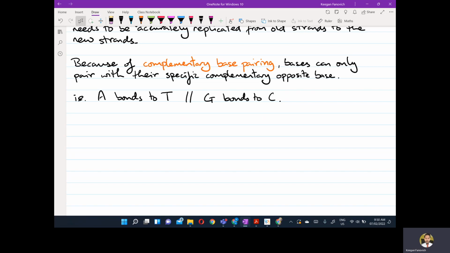So how does that enable complementary base pairing? How does this enable accurate DNA replication?